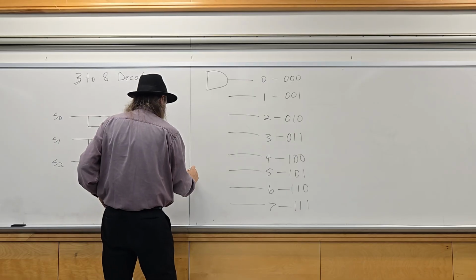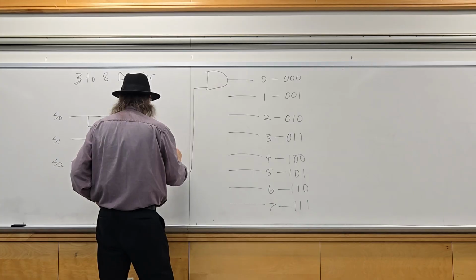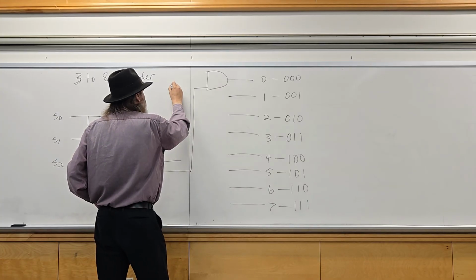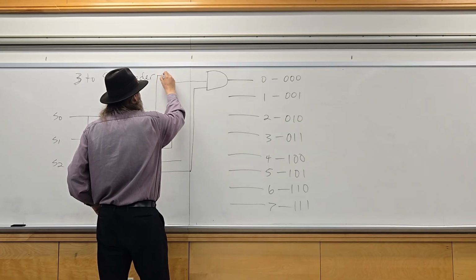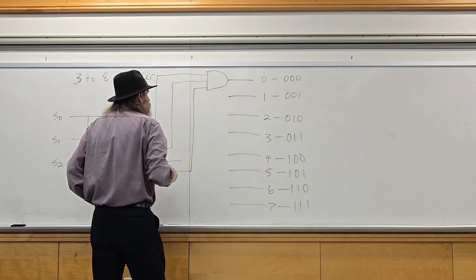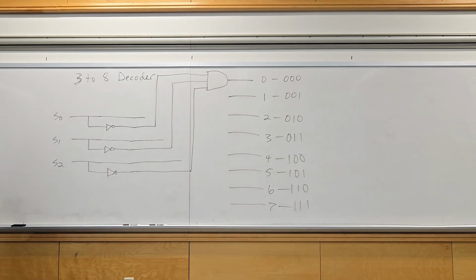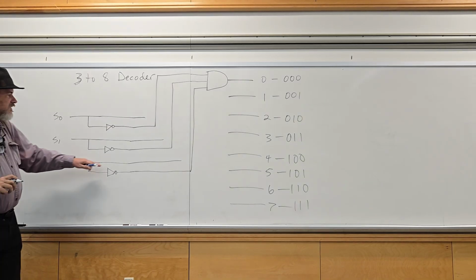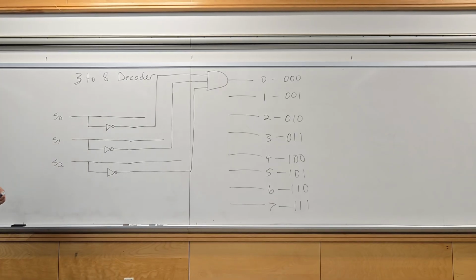So you have them go like so into an AND gate. So if all three are low, it inverts all of them and goes to an AND gate and asserts that high.